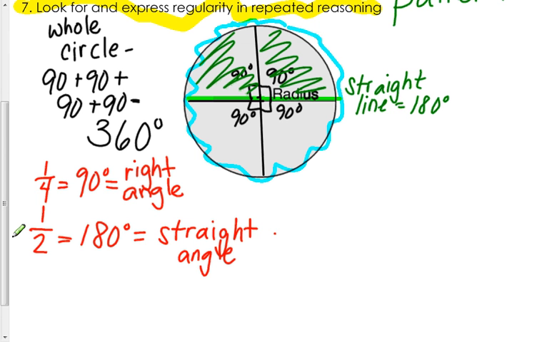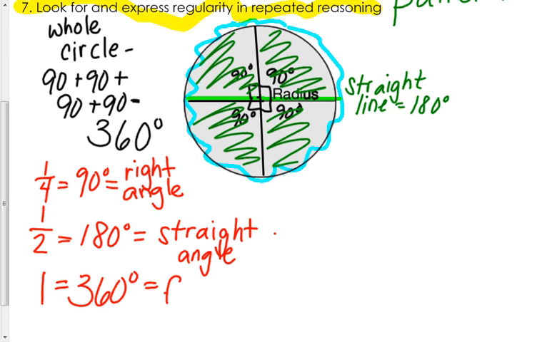Now, what if I said I wanted 1 full? So I have to fill in my full circle. I'm going to finish filling that in. I have all 4 sections filled in. What did we just learn about a whole circle? How many degrees are there in a whole circle? 360 degrees.